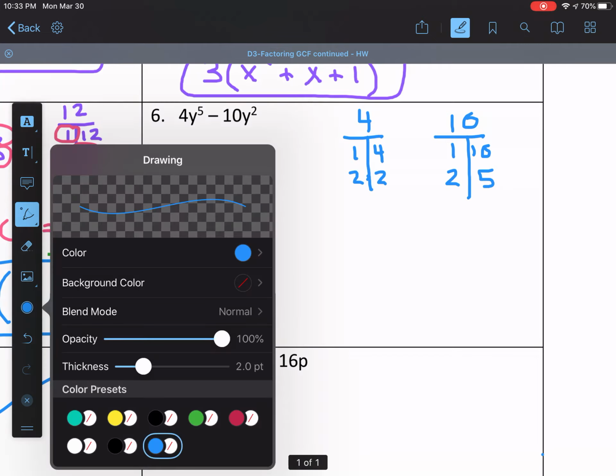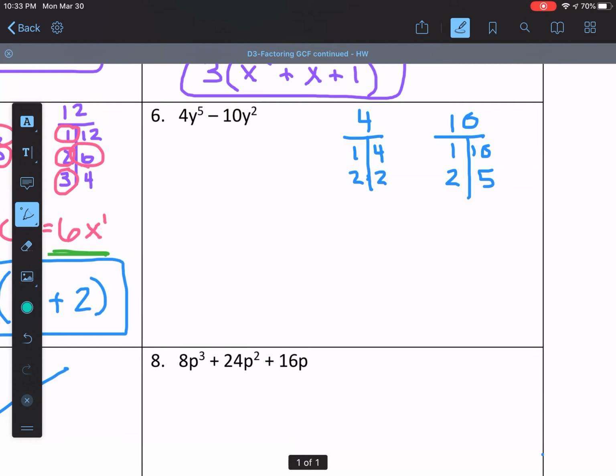Okay? And let's look and see who we have in common. 1s and the 2s. So the beginning of our GCF is going to be 2. And now let's look at our variables. So remember, we always take whoever has the lower exponent, which is going to be y squared.